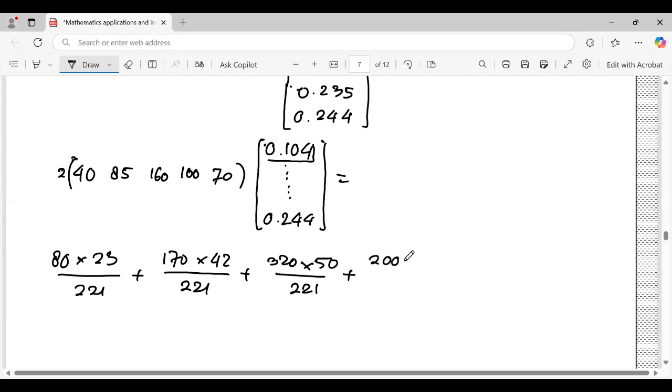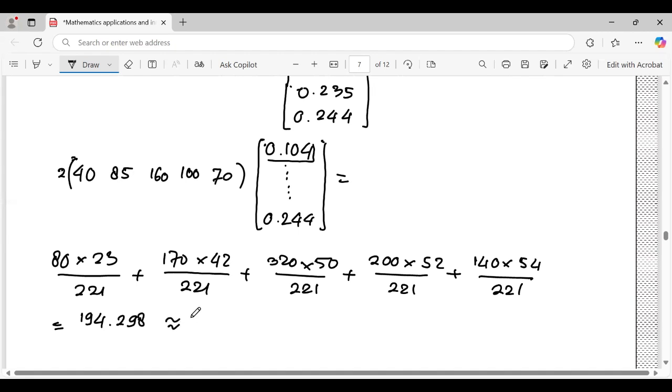Next, 200 times 52 over 221, and 140 times 54 over 221. If you calculate, the result is 194.298. Rounded off, it becomes 194 kilometers.